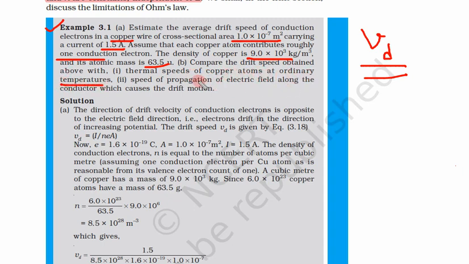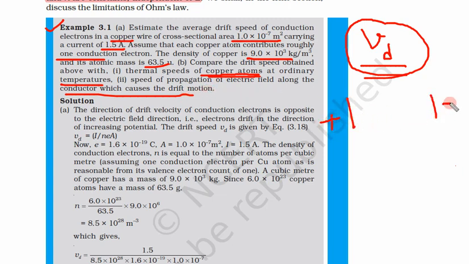So we have to calculate the thermal speed for copper atoms, and the speed of propagation of electric field along the conductor which causes the drift motion. So first we have to calculate Vd, then we have to compare this with the thermal speed of copper atoms, and at last we have to compare with the speed of the electric field. If we apply this electric field, what is the speed of this electric field, and we have to compare this Vd with that.